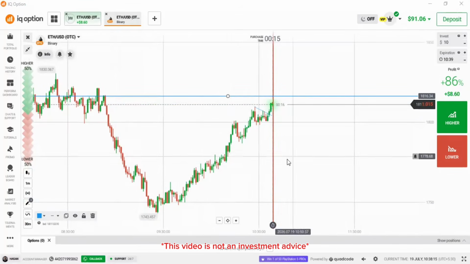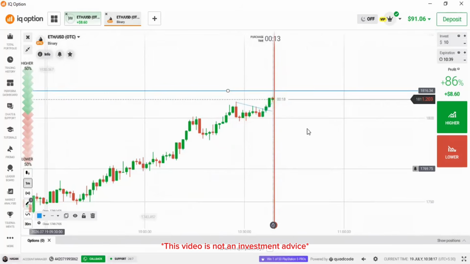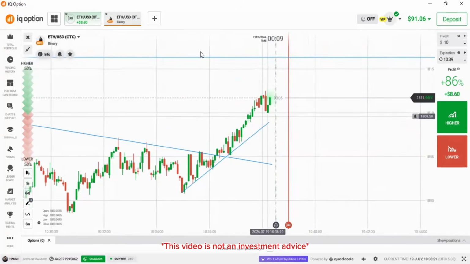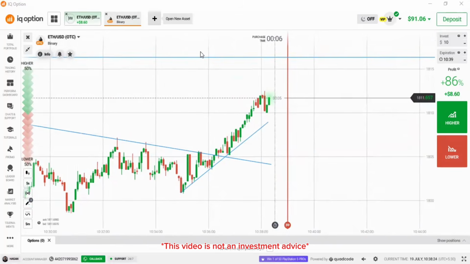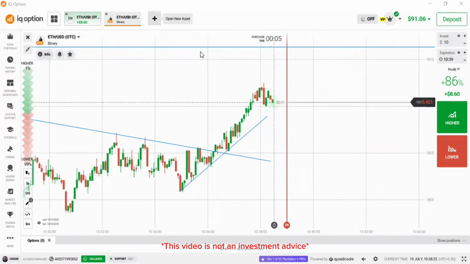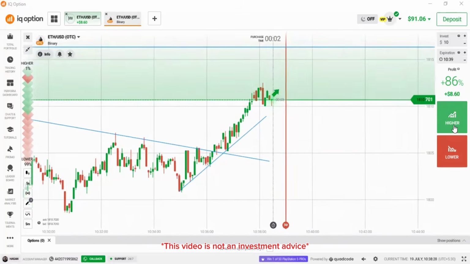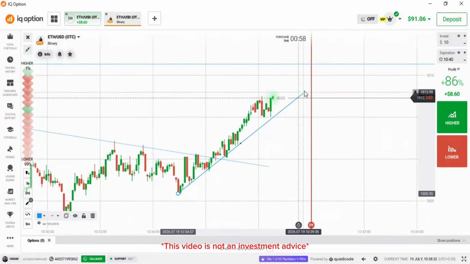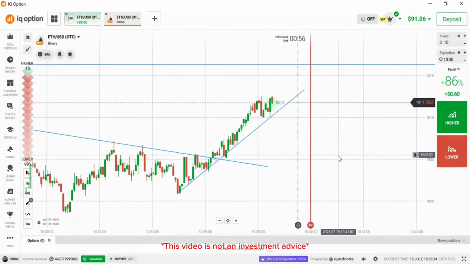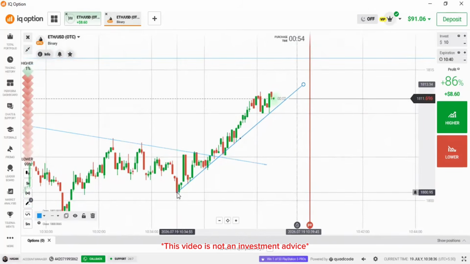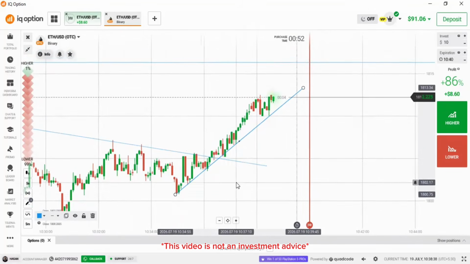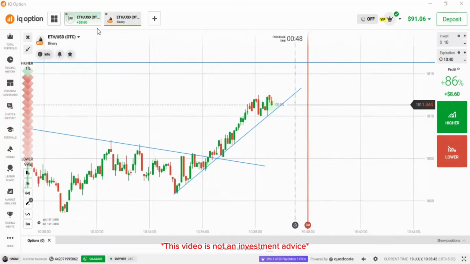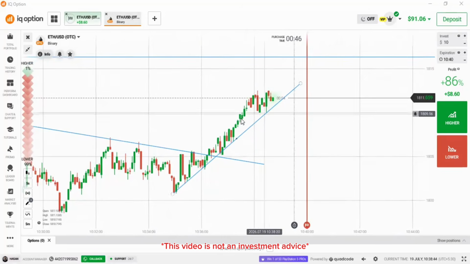So the next reversal point is here. The level is above, which means we still have an opportunity to place a higher option trade only.